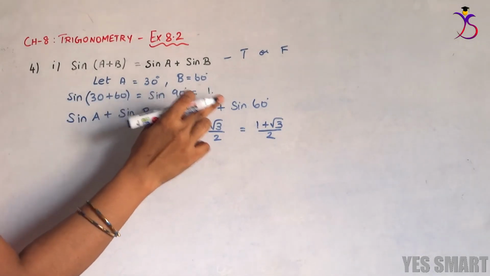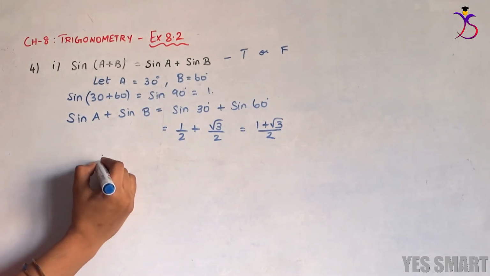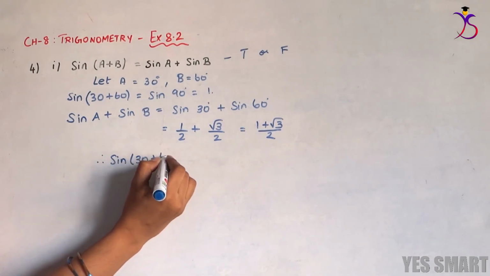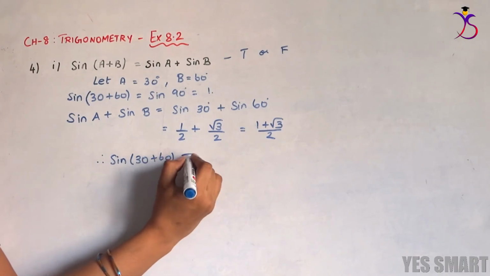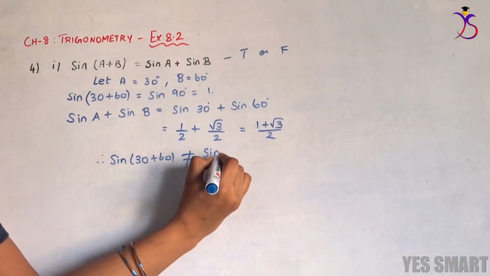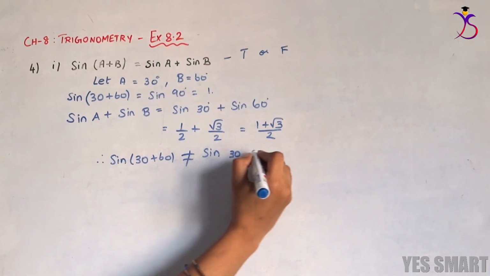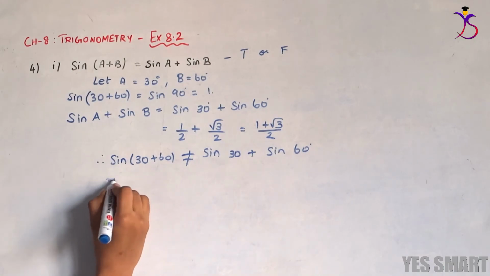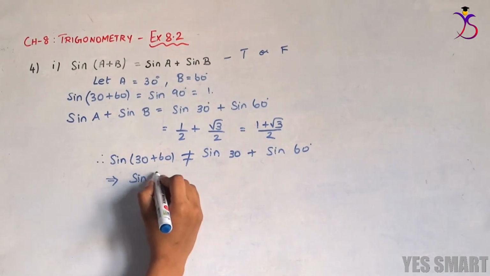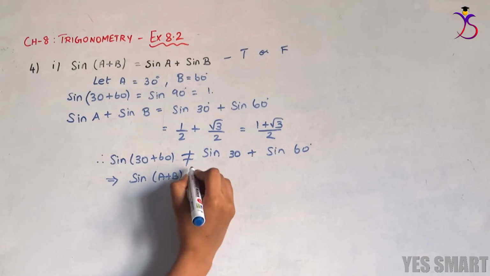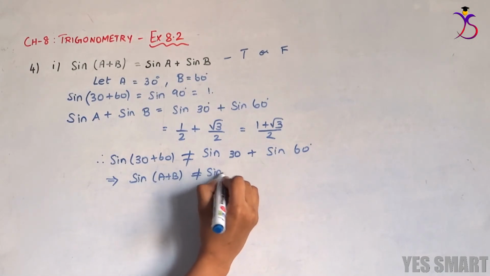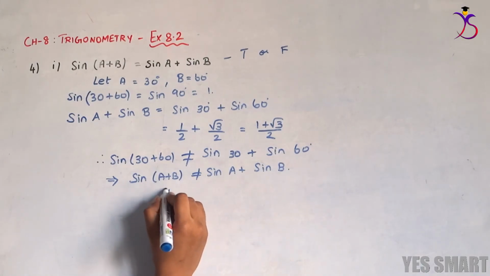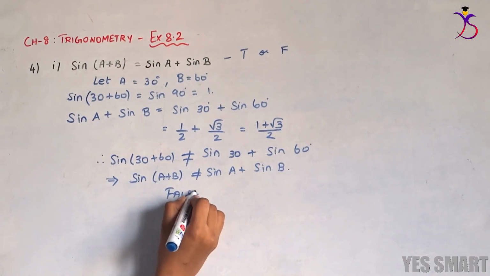Therefore, sin(30 + 60) is not equal to sin 30 + sin 60, which implies sin(A + B) is not equal to sin A + sin B. Hence, the given statement is false.